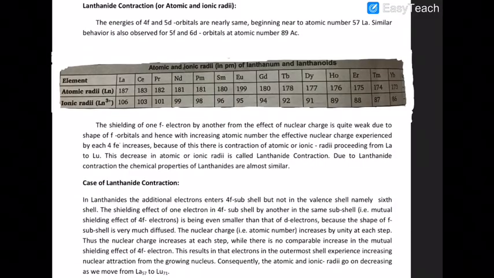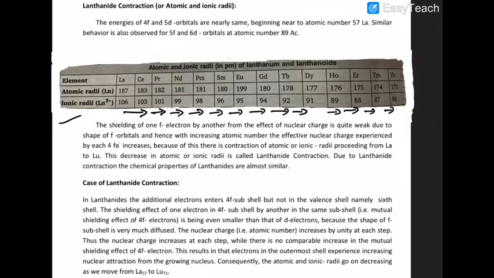First of all, look at the atomic size here. The values are 106, then 101, 99, 98, 96, 95, 94, 92, 91, 89, 88, 87, 86, in picometres. There is a gradual decrease in the ionic radii.